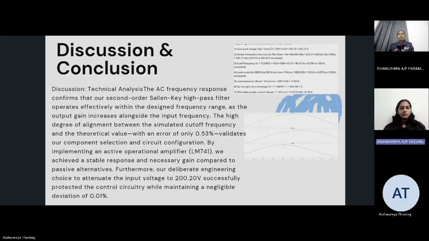Overall, I can say the results confirm that the designed high pass active filter operates as expected and is suitable for signal level harmonic extraction in the standalone PV system. That's it.